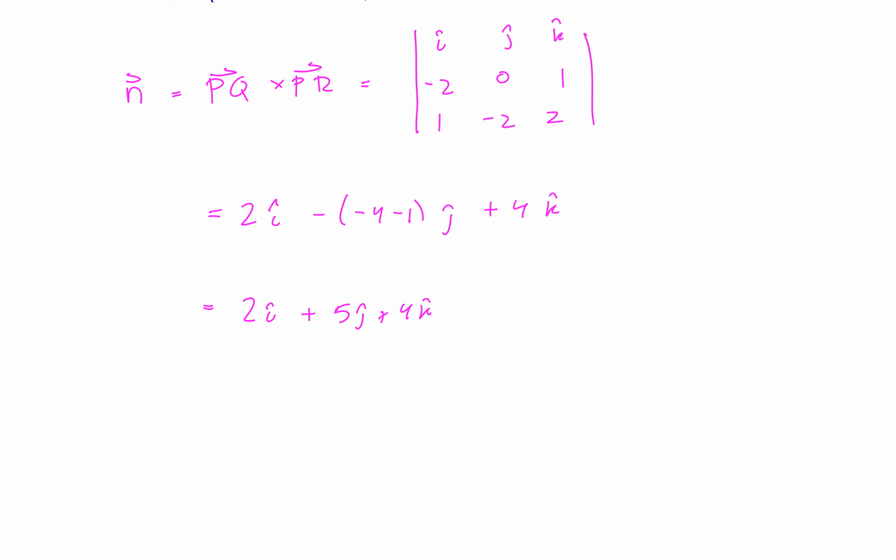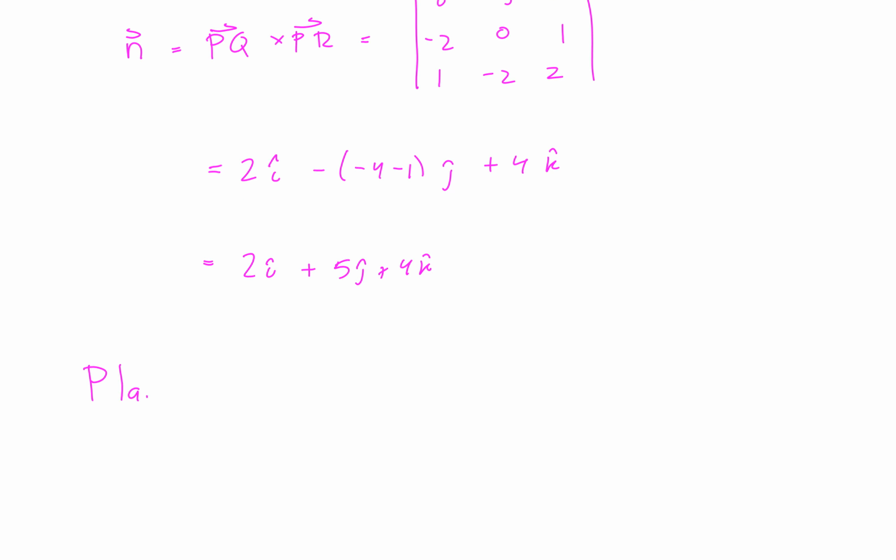So now from our work above, the plane is given by 2, and then you can pick any of the points to use for this. So we'll go ahead and use the point P here. So I'm going to have 2(x minus 1) plus 5(y minus 2) plus 4(z minus 3) equals 0. And that's the equation of my plane.